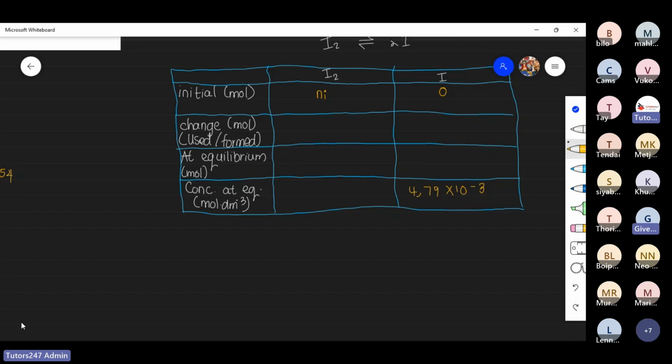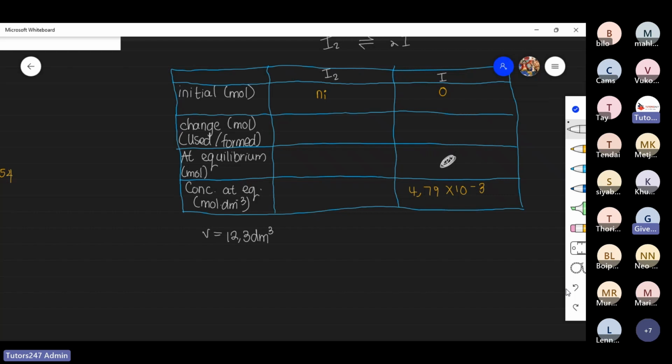From here, let us see, what can we now do? If you remember, we were given a volume of 12.3. So our volume is 12.3 decameters cubed. Okay. So how can we now use volume with our concentration to calculate the number of moles at equilibrium? Because I want to calculate this value over here. So keep in mind this value is your number of moles at equilibrium.